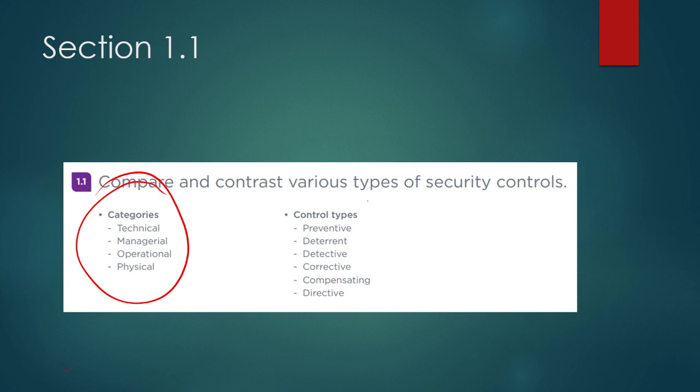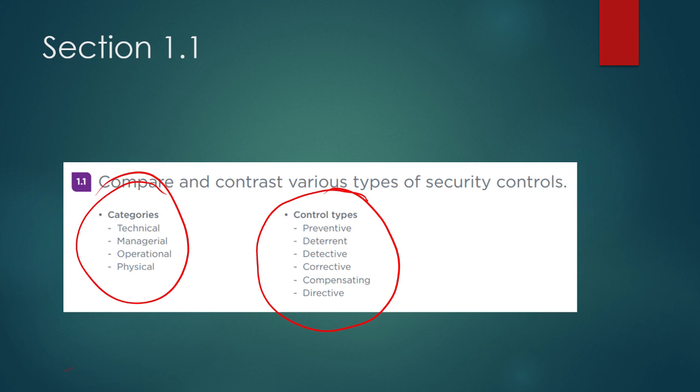And on the right, we've got control types. They can be preventative, deterrent, detective, corrective, compensating, or directive. A control will fit into one category, and it can also be a type.